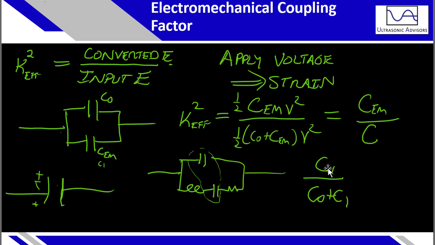So this is the input energy, this is the converted energy, and you can look at that information per cycle. And this is the effective electromechanical coupling factor as calculated from the equivalent circuit.